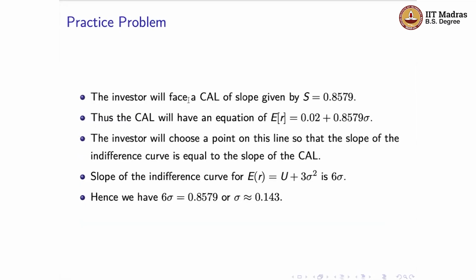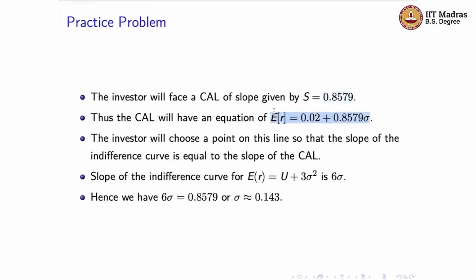So now we know that the investor is going to choose a CAL so that the slope is given by the highest possible Sharpe ratio, which we have already calculated to be 0.8579. And so therefore the CAL will have an equation which is of the form expectation of R is equal to the risk-free rate 0.02 plus 0.8579 times sigma.